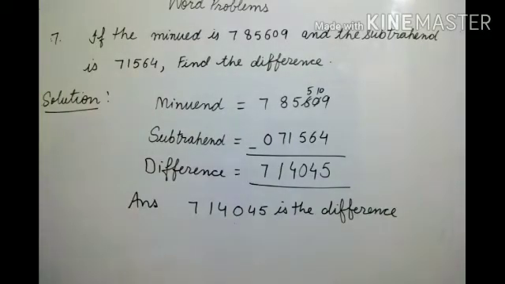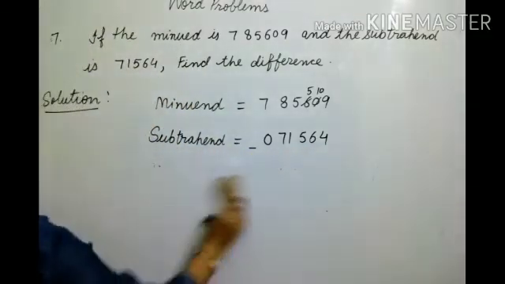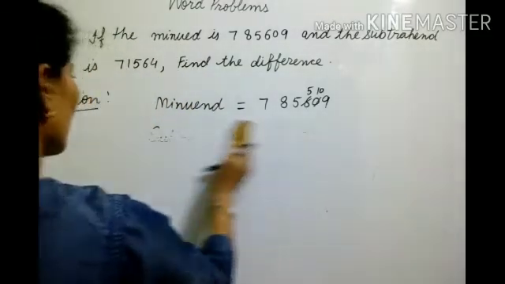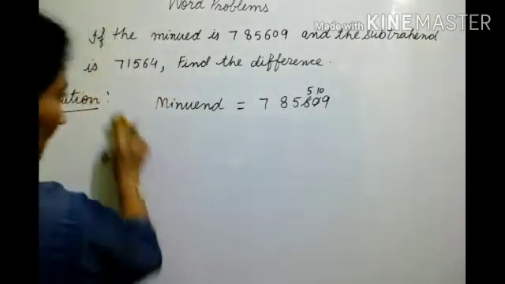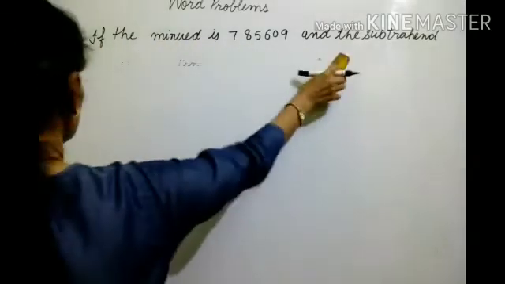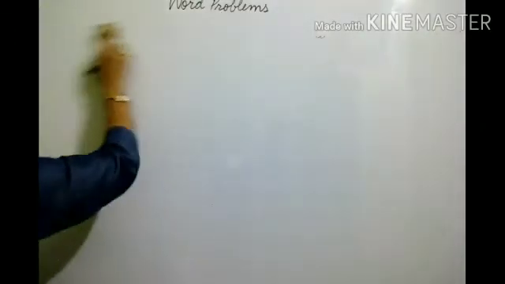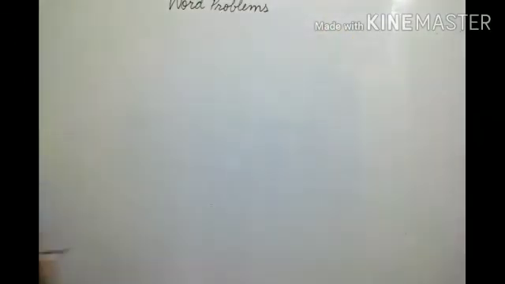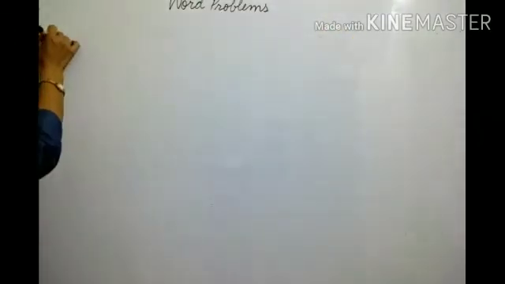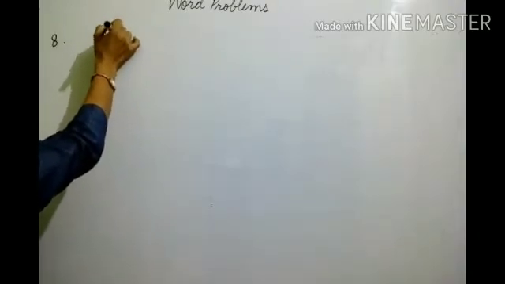Question number 8. In this question, difference is given and subtrahend is given. You have to find the minuend. So many times we have done, so it is a very easy question. Difference is given, I am writing in short.